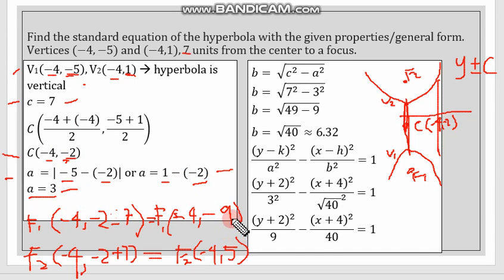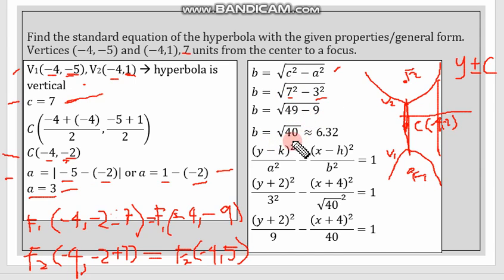That's for a. We have a and we have the value of c. a is 3, c is 7. So we can now get the value of b. b is equal to the square root of c squared minus a squared. c squared is 7 squared, and a is 3, so 3 squared. 49 minus 9 is 40.